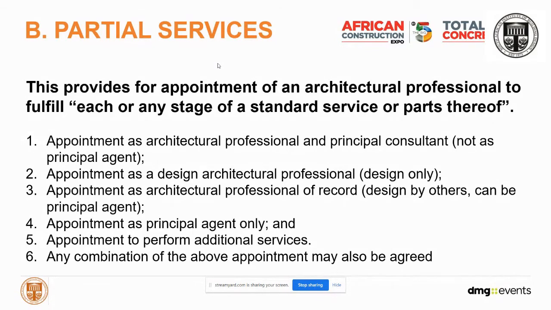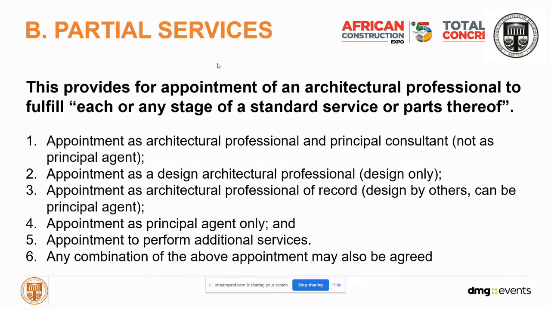But that being said, we also have the responsibility or duty to then go beyond that and say, these are the other types of services or partial services that we can offer you as a professional. So the first would be appointment as an architectural professional and principal consultant. The second would be appointment as design architectural professional.